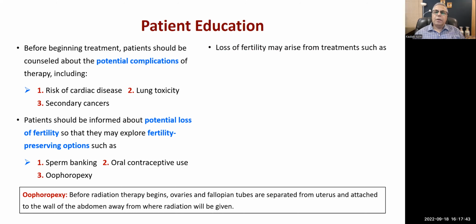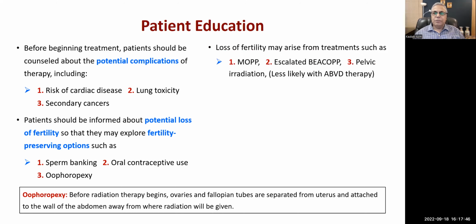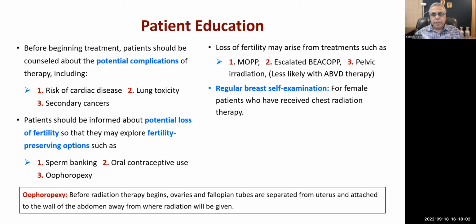Okay. Now, loss of fertility may arise from MOPP therapy or escalated BEACOPP therapy. I'll show you all these therapies, and you have to memorize all the drugs that are in these therapies or protocols. And we have irradiation as well. Then regular breast self-examination is important for patients, because if they have some chest disease and have been given radiation in the chest, there is a possibility that the woman might develop breast cancer.